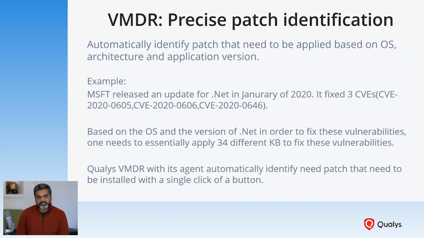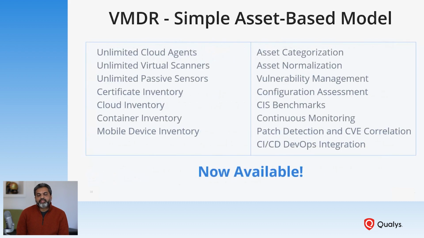Another thing that's very unique with VMDR is the ability to have a very simple asset-based model. Now we have really simplified this model. With the simple asset-based license, we have included an unlimited number of virtual scanners, agents, and passive scanning. So how you assess the vulnerability, you can leverage many different ways to find and discover all the various vulnerabilities.